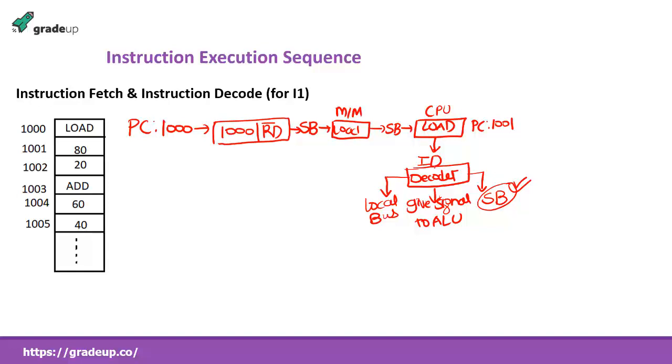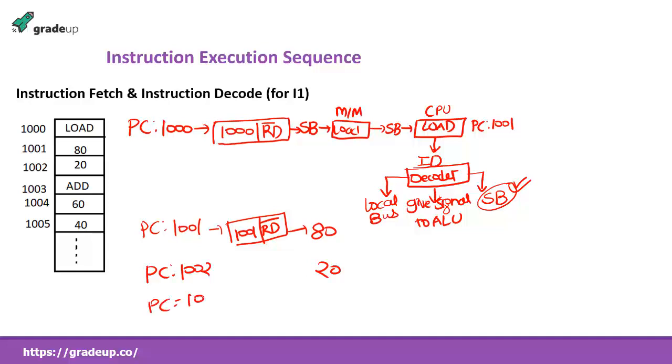So I have to fetch the remaining part. So now this PC 1001 will generate a memory request, and in the same manner this 80 and this 20 will be fetched out, and PC is incremented to 1003. This is 80 and this is 20.